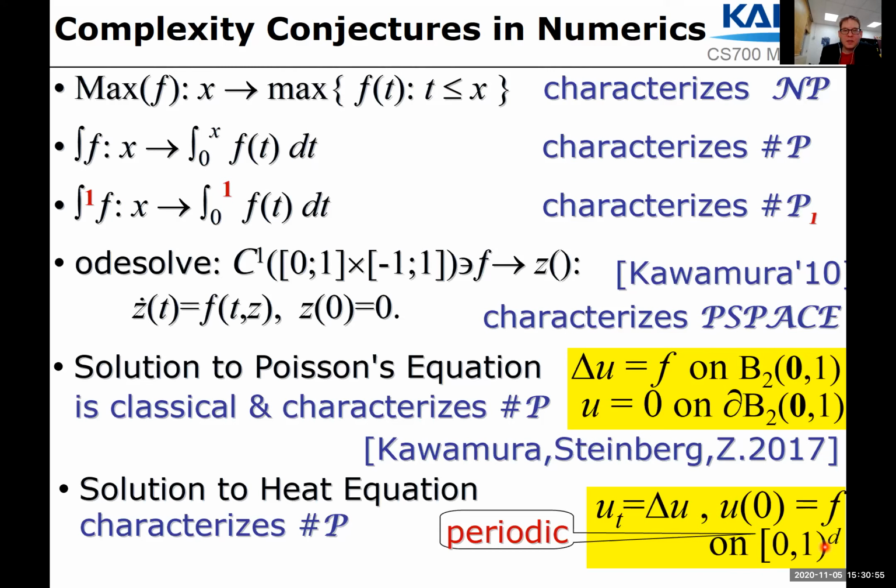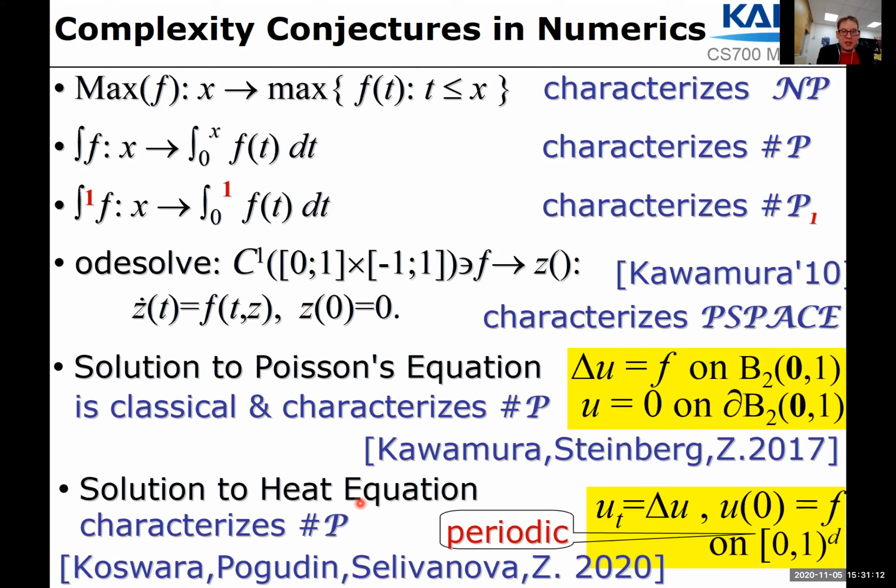But so far, for these two examples at least, it turns out that the intrinsic complexity is the same as #P. Okay, and we're currently working on the third example, the wave equation. But anyway, this is a very new result obtained by Ivan Koswara, Gleb Bogutin, Svetlana Selivanova, and me.